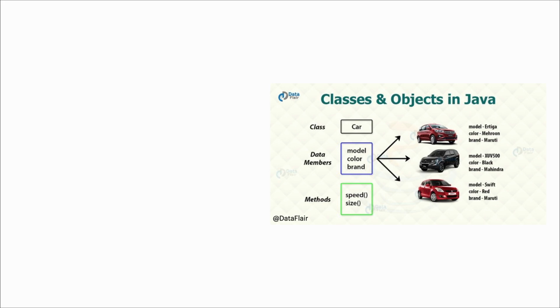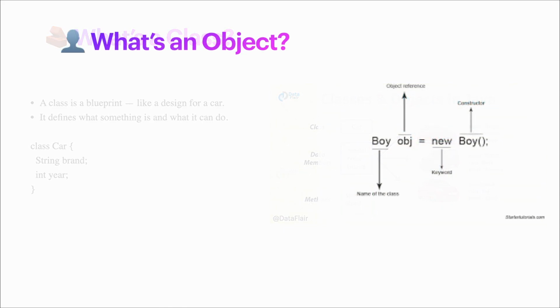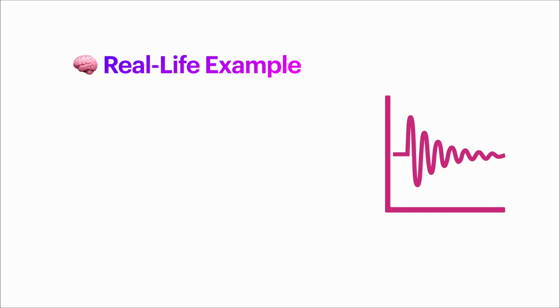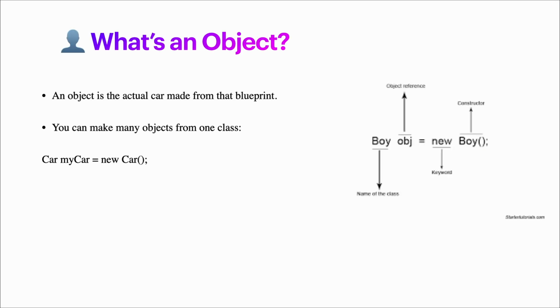The class is just the blueprint, written on paper, while the object is the full car that has been developed by the developer or the producer. You can make many objects from one class, but you only have one class.